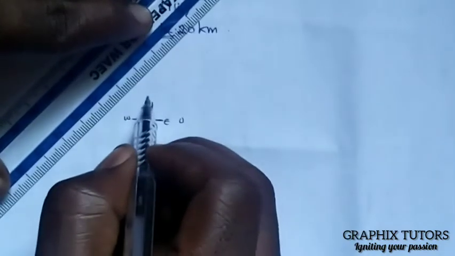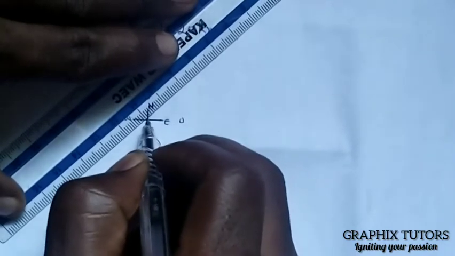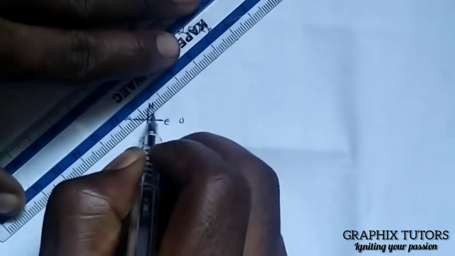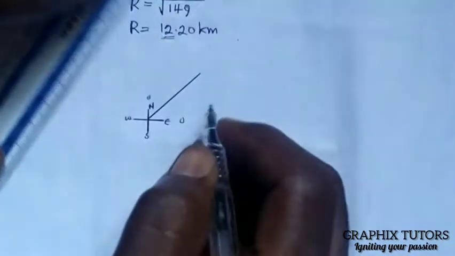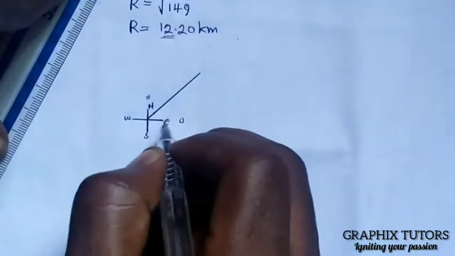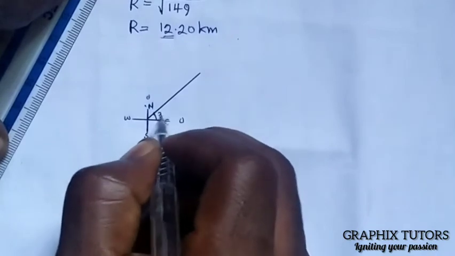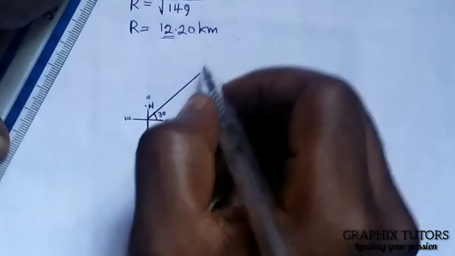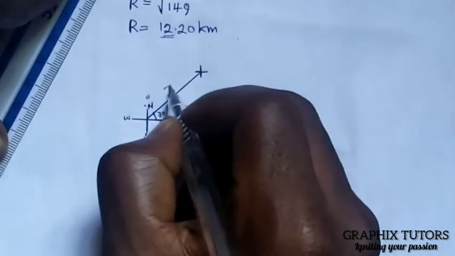So I will place it like this, 30 degrees at this point. Let me assume from here to here is east of north. We'll have 30 degrees here, right? So this is the first point here, and that is 7 kilometers.